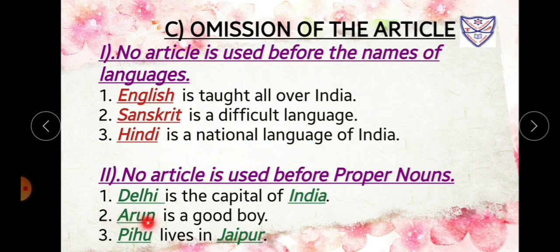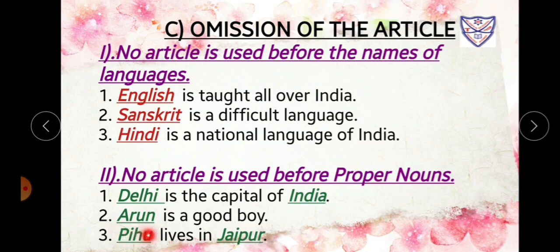Number 2, Arun is a good boy. So Arun again is a particular name or specific name of a person or of a boy. So before this name, which is a proper noun, we will not use any article. Number 3, Pihu lives in Jaipur. So over here Pihu stands for the proper noun. It is a particular name of a girl.